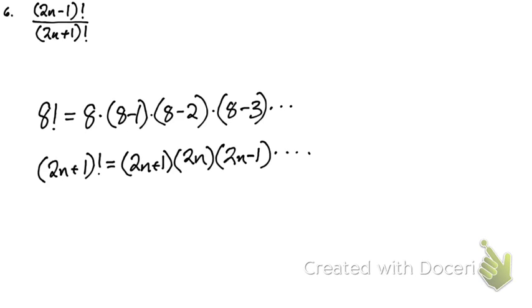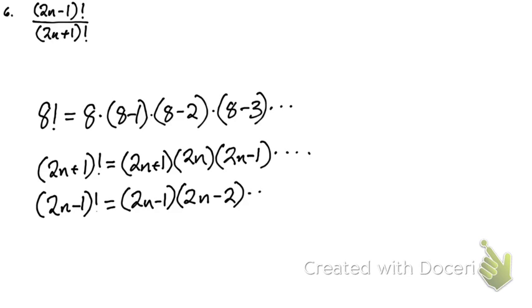So let's look at the numerator really quick. The numerator is (2n minus 1) factorial, which is 2n minus 1 times 2n minus 2, because I would subtract 1 from it, and we'd keep going. This right here is the exact same thing as right here. My next step here would be 2n minus 2, 2n minus 3. Right here and right here are the exact same values.